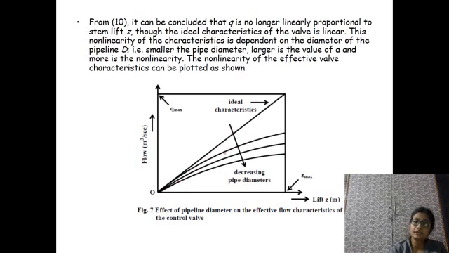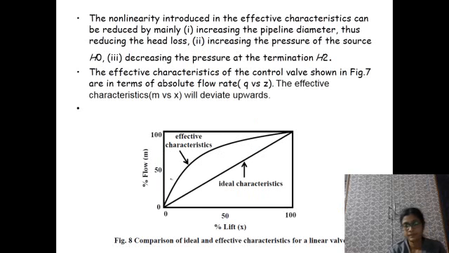So if from this we plot M versus X, then what will happen? This ideal characteristic will deviate in the upward direction. This M versus X will deviate upward. This is the effective characteristic, which was initially linear for the ideal characteristic.